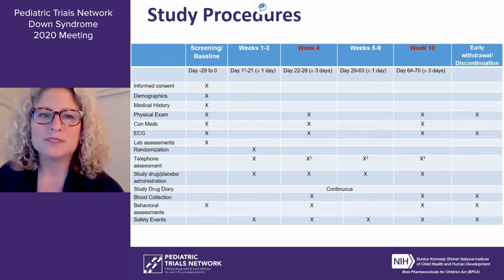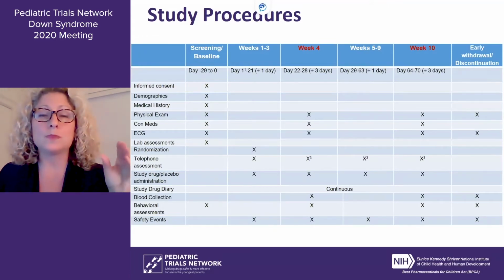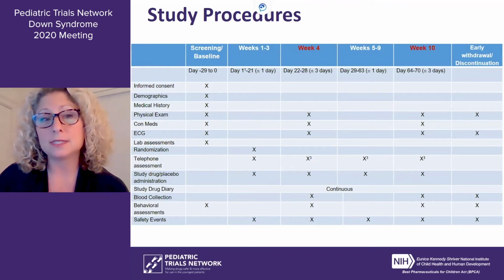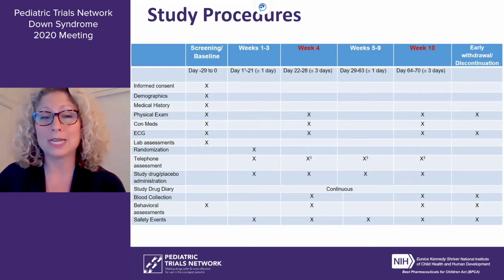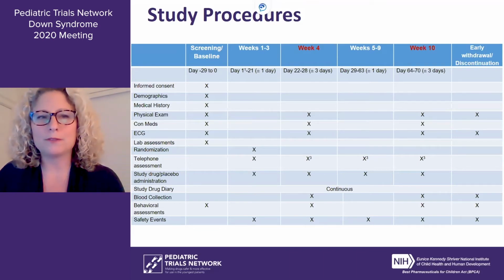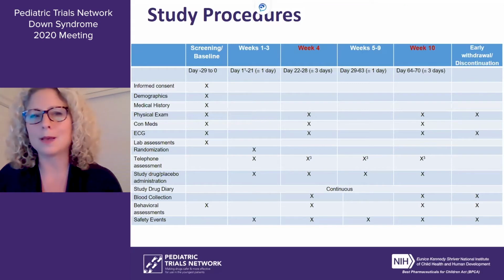So here is an example of the study procedures. Just to briefly say, it's the screening period from days 0 to -29, so up to 30 days prior to enrollment. We would get informed consent, demographics, medical history, physical exam, concomitant medications.